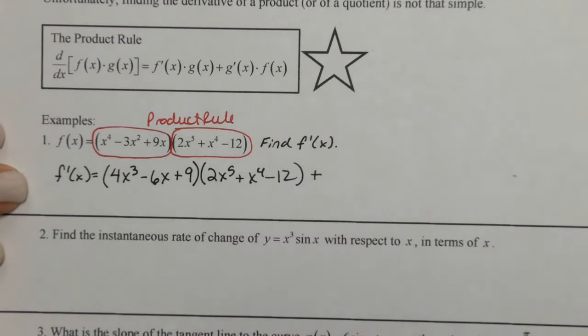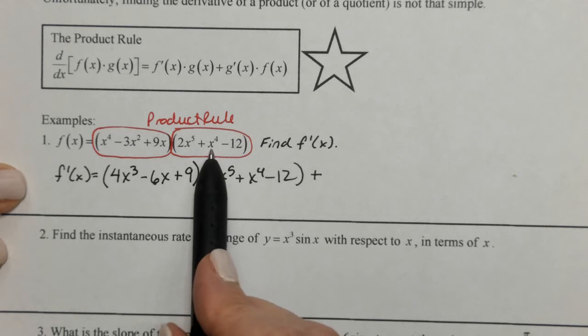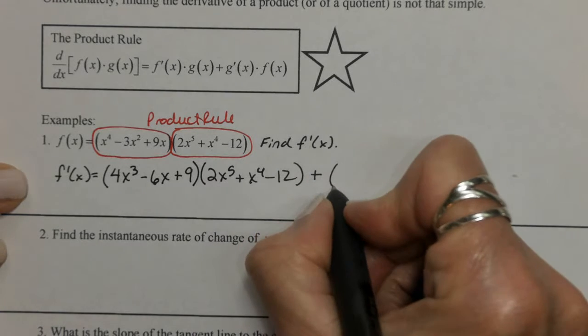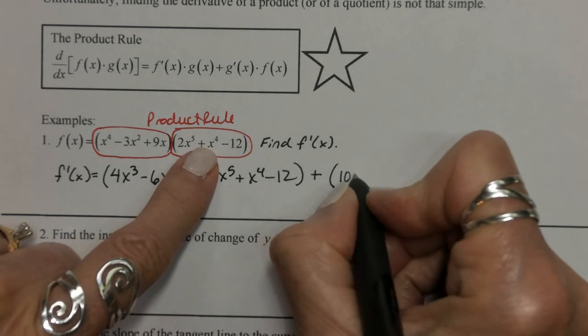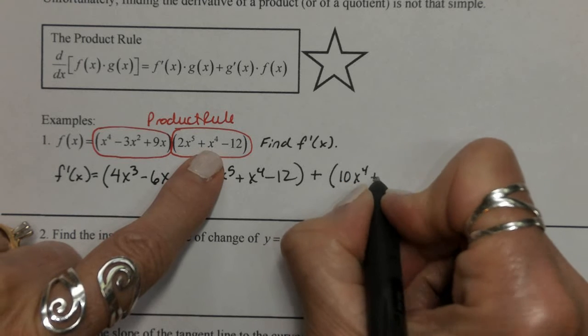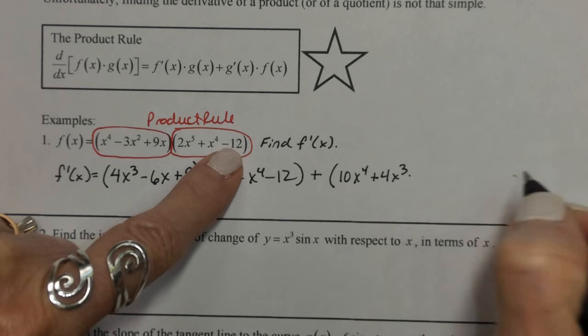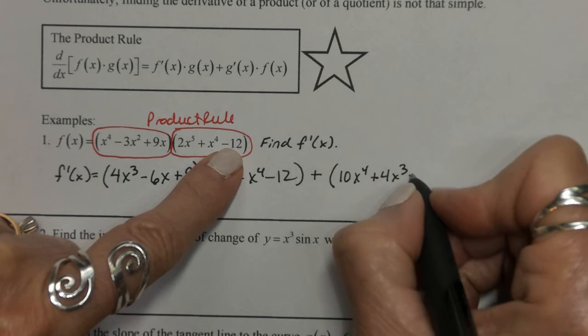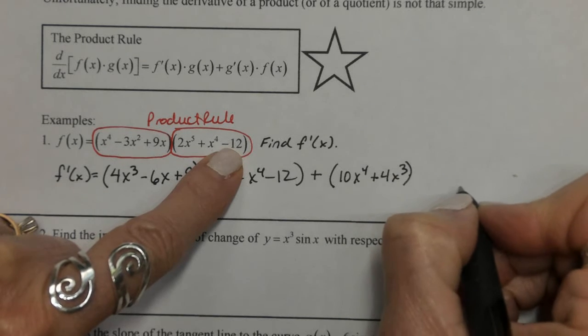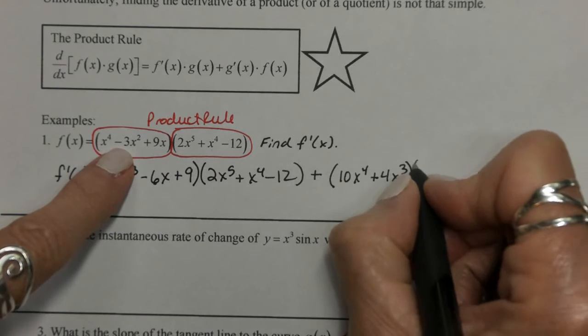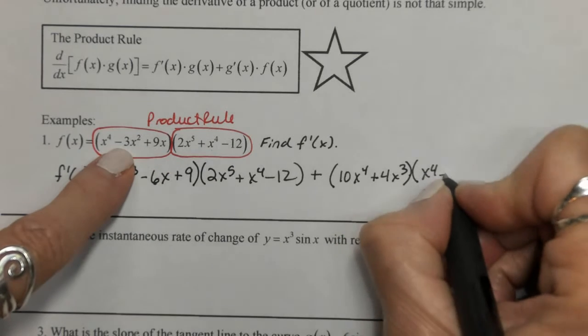Plus. Now we take the derivative of the second term. And that's going to be 10x to the 4th plus 4x cubed plus 0. The derivative of negative 12 is 0. Close parentheses, and I'm going to multiply by the first term left alone.